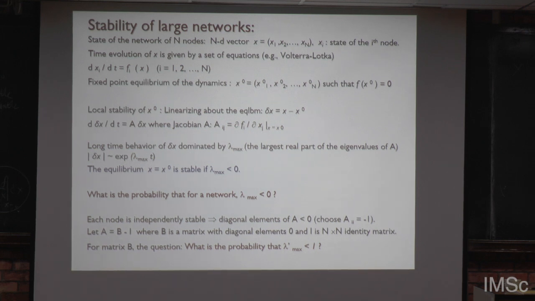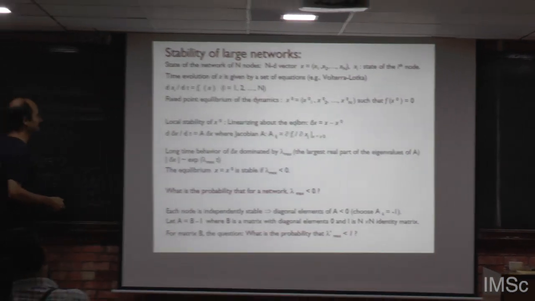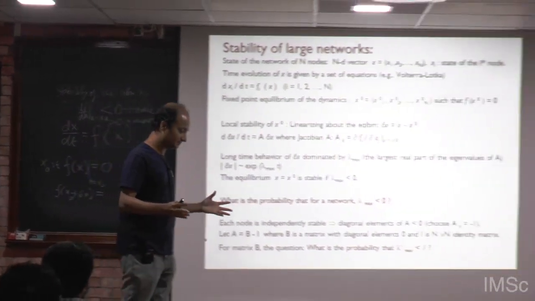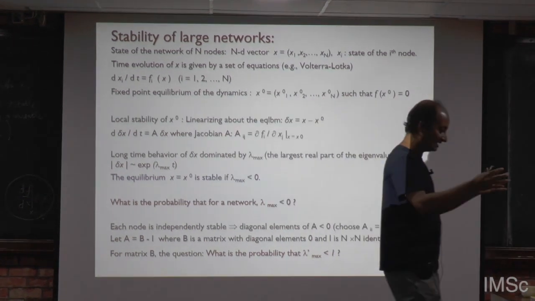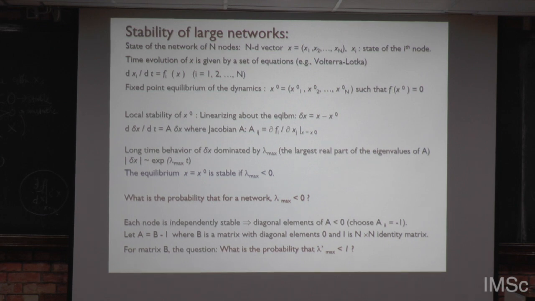Okay? So how did May actually come up with this argument? So what May is saying is that, all right, you can take any ecosystem and its state at a particular instant is specified by the populations of each of the species which belongs to it.